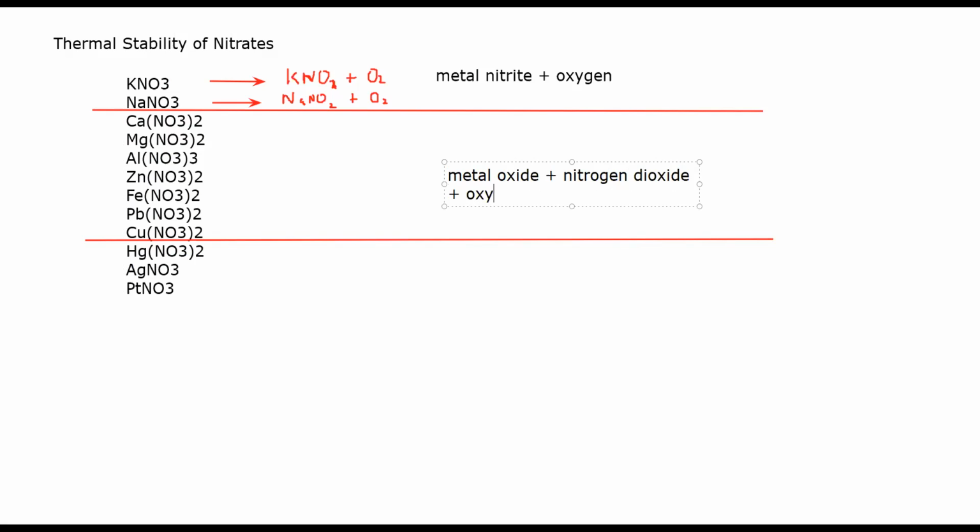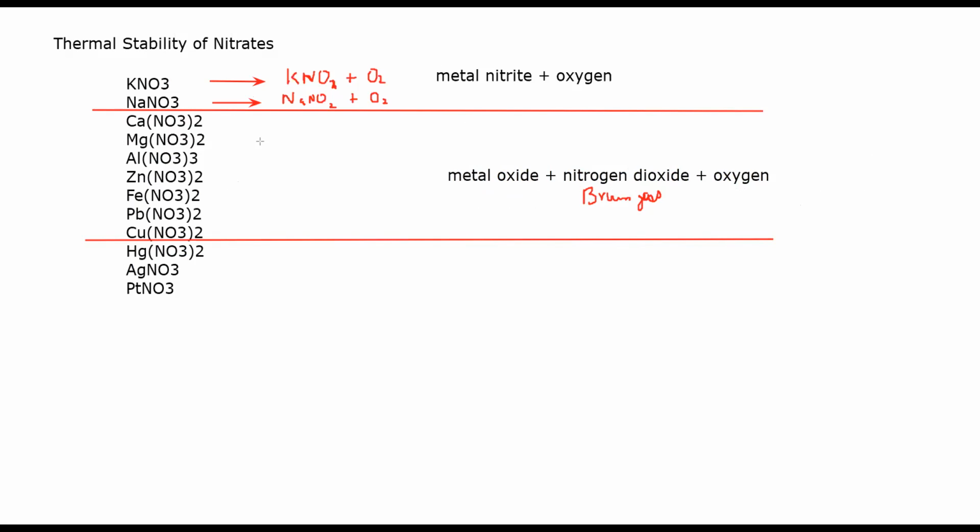This nitrogen dioxide is a brown gas. So you will observe if you decompose any of these nitrates, a brown gas is released. Observations are always important. You should know what you will observe for a certain chemical reaction.